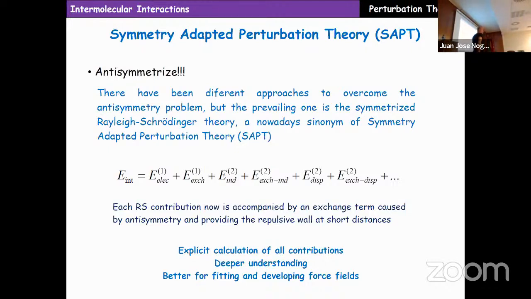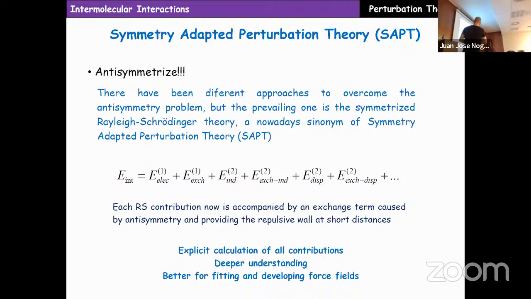Okay, this is a complicated theory. I'm going to give you some fundamental ideas. I'm not going to get into detail of each of the terms. Okay, if someone is interested, I can give you references, very good bibliographic references of this method.